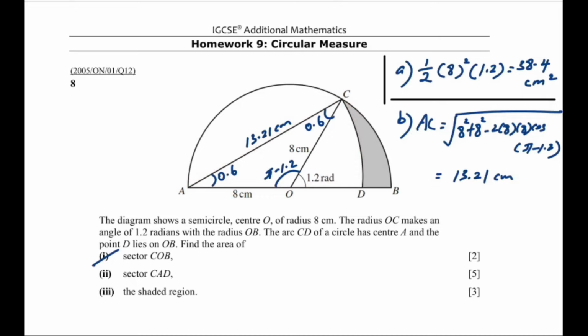So same thing, 1 over 2 r square, 13.21 square with 0.6 radian. Find 2.35... cm square.